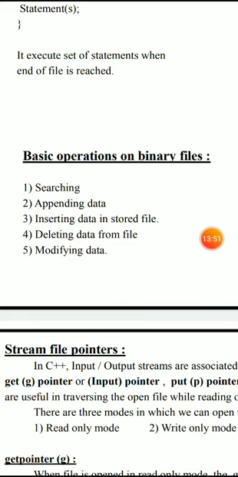So this is called appending data, meaning adding new data to an existing file from the end of the previous data. Next, it is possible to insert data in a stored file, to delete data from the file, or even to modify data which is already available in a file. These are the basic operations that you can perform on files.